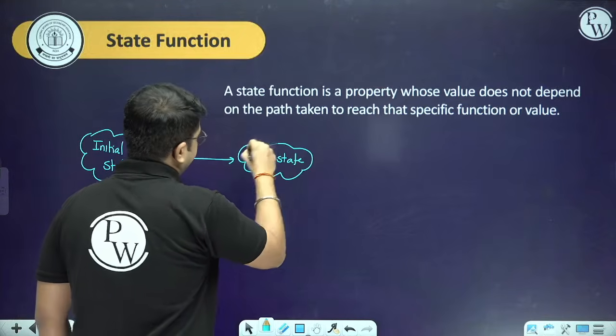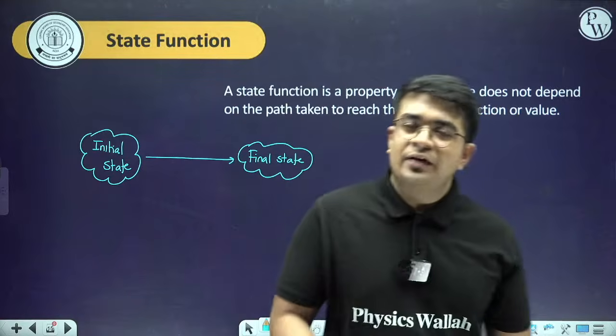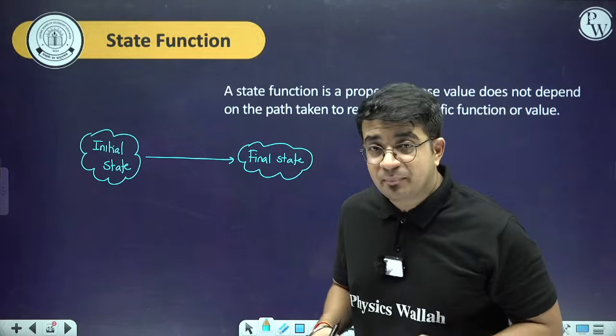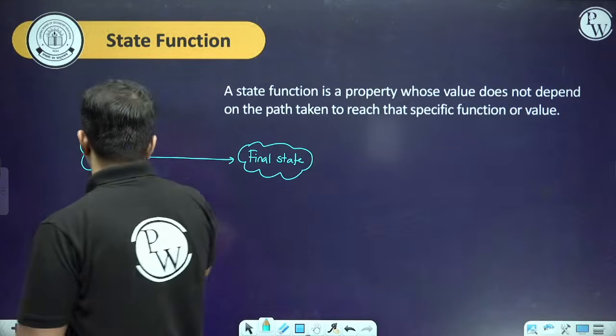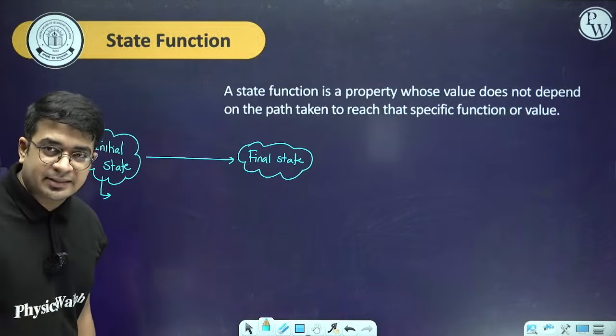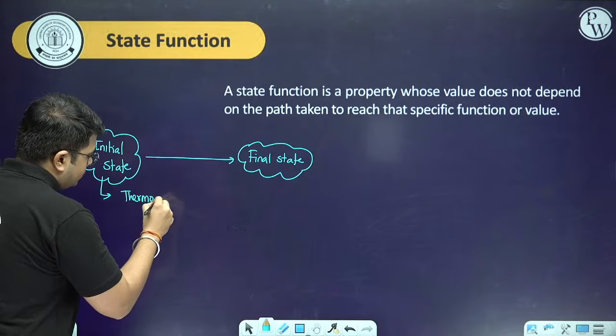of the system. So let's say I have started with a certain amount of gas, having a specific amount of pressure, having a specific amount of volume at a specific temperature. So in this case, I need to understand that for the initial state, I need to explain this entire part with thermodynamic variables.